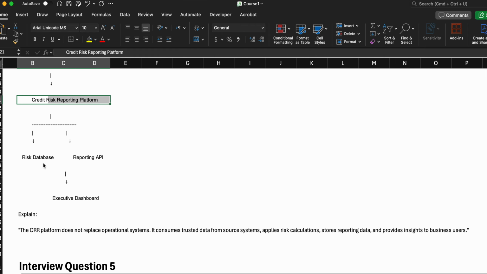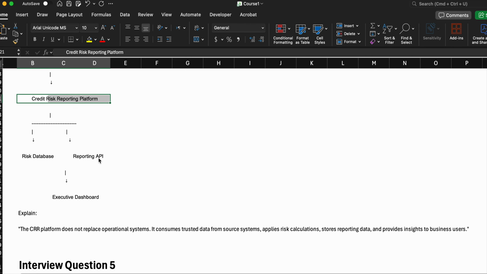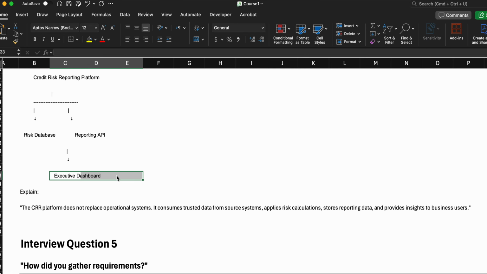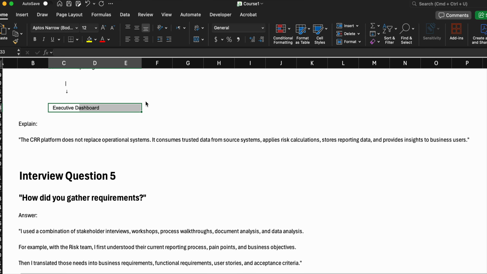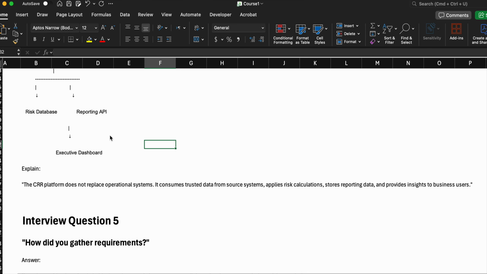After that you build the risk database, and you have business rules: more than 90 days, you flag as high risk. And finally you have the dashboard. So you know what I'm talking about. If you do not understand this application, you can just quickly recap.